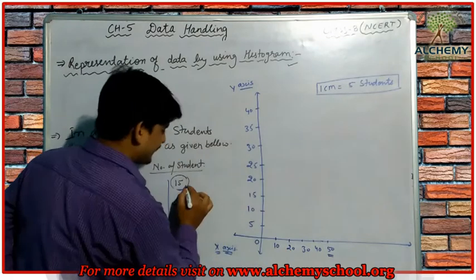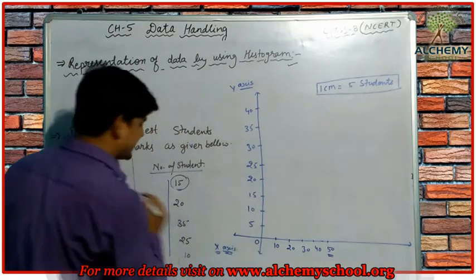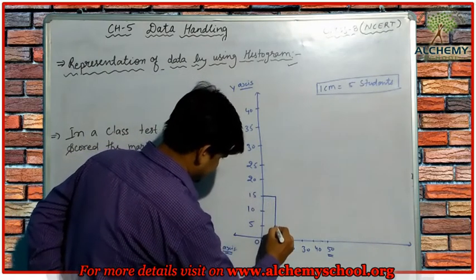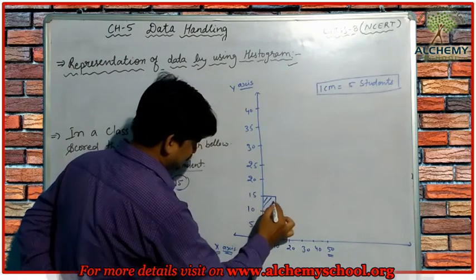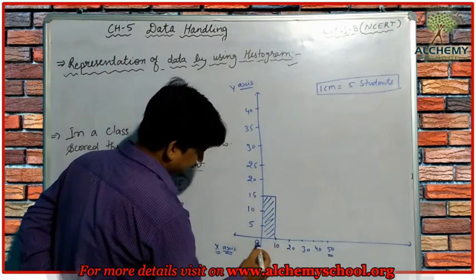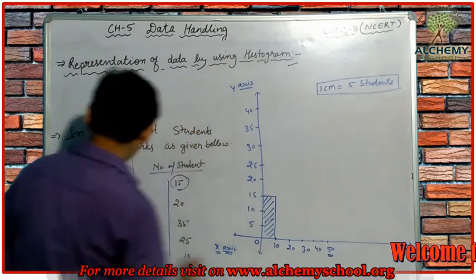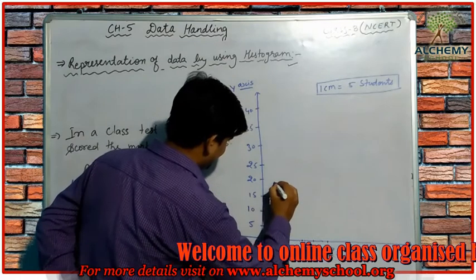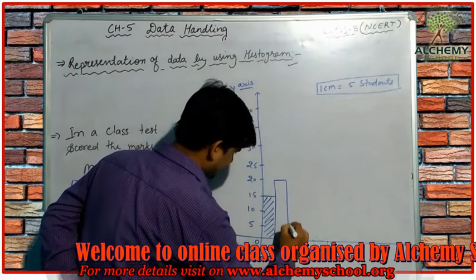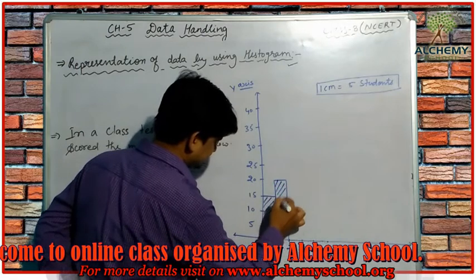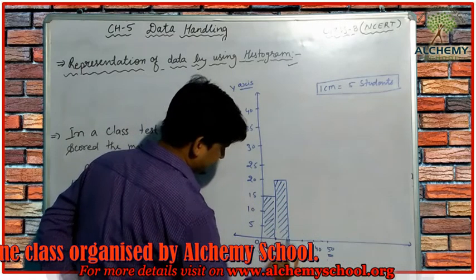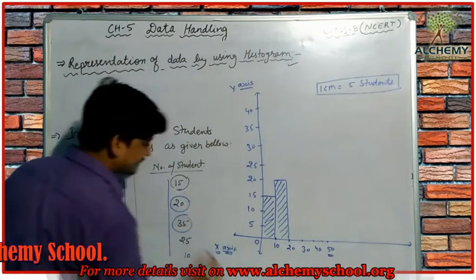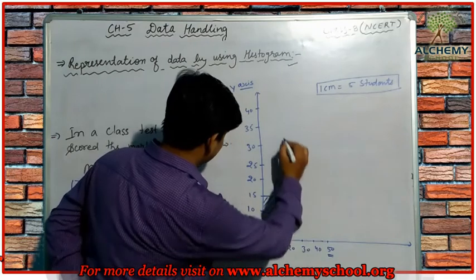Now the number of students who got the marks between 0 and 10 will be represented here. 15 students got the marks between 0 and 10. So where is 15? We can represent it like this. Now 10 to 20, there are 20 students. So this is the number of students who got the marks between 10 and 20. 20 to 30, 35. 35 means here.